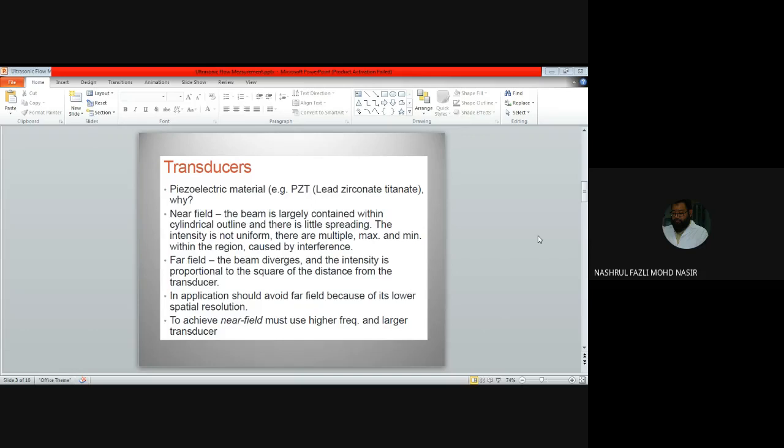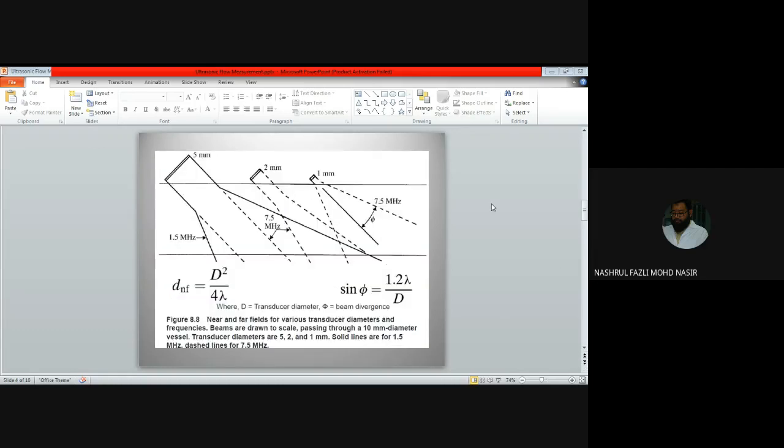To achieve near field, we must use a higher frequency and larger transducer. So we have many diameters of transducer to achieve this. There are a few examples of transducers: 5 millimeter, 2 millimeter and 1 millimeter.